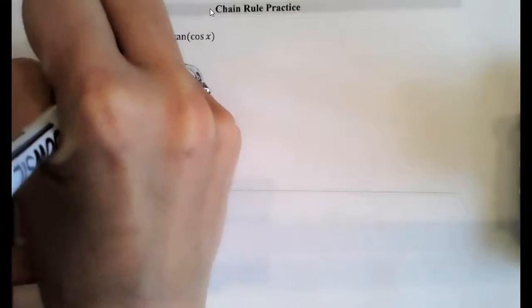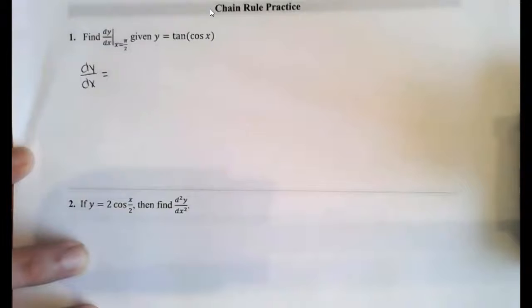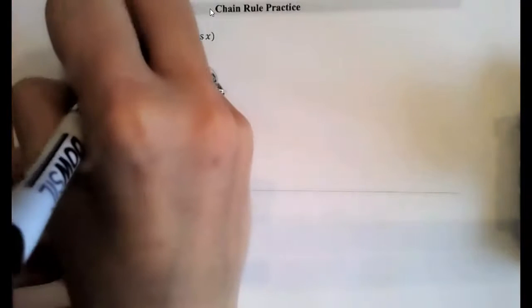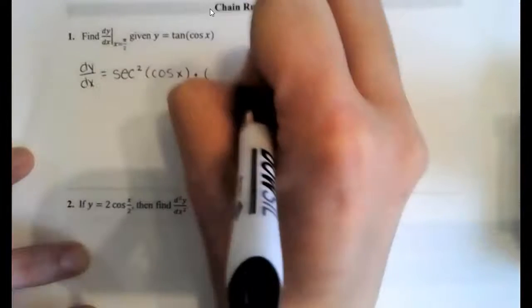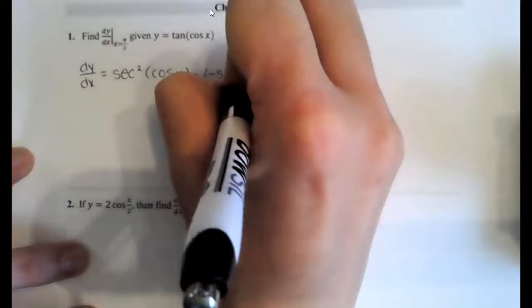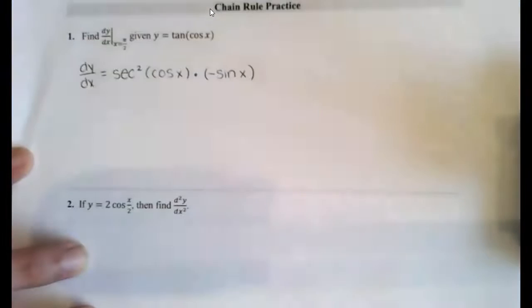So we'll start with dy dx. So outside function is tan. So derivative of tan is secant squared cosine x times the derivative of the inside function. Derivative of cosine is negative sine x. So we have outside times derivative of the inside.